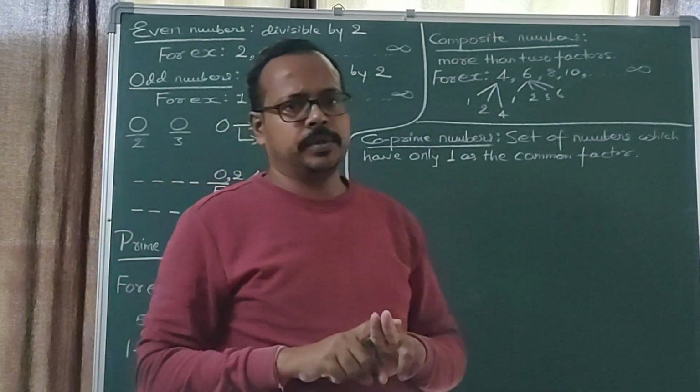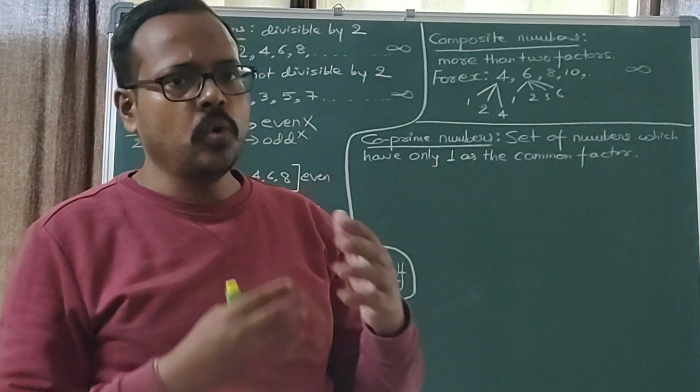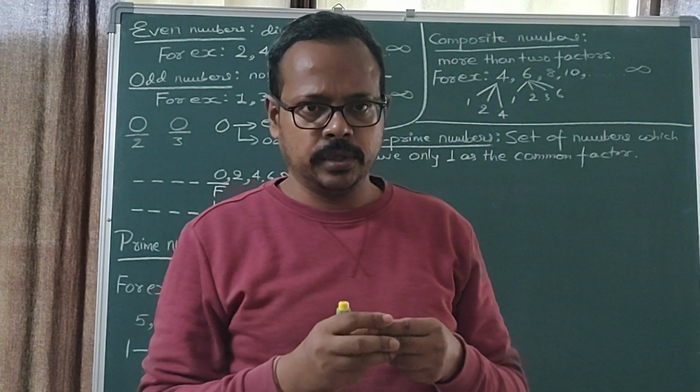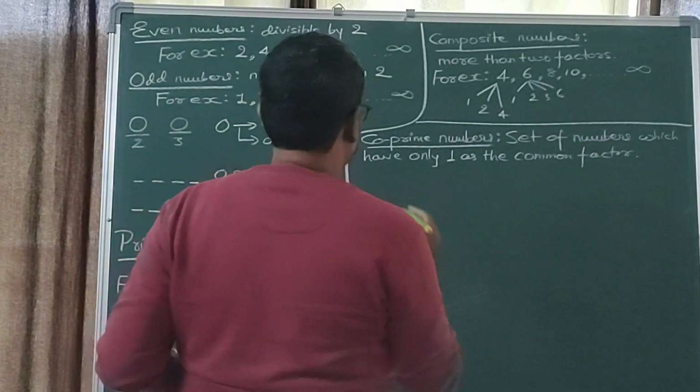What do we mean by set of numbers? It consists of two or more than two numbers, right? At least two numbers should be there, or more than two. So let us take an example here.